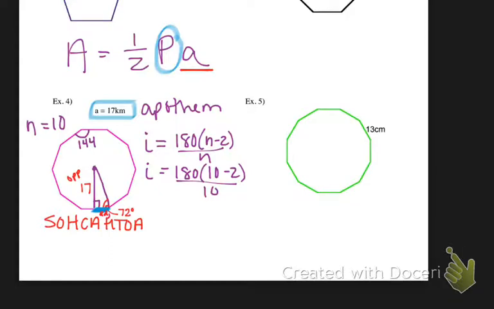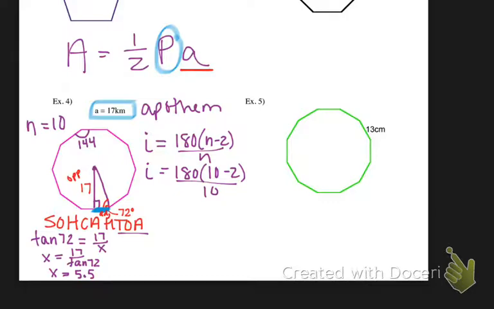So this is going to be tangent, and I have tangent of 72 is opposite over adjacent. And since the variable is in the denominator, I can switch these around. So I have 17 over tangent 72. And in the calculator, that comes out to 5.5. So that blue segment that I have highlighted is 5.5.